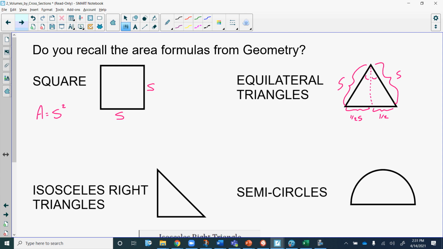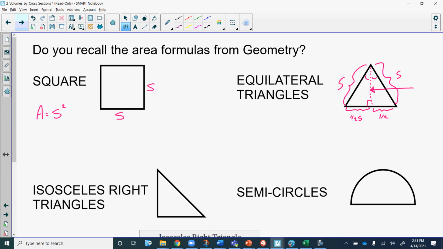So using properties of 30-60-90 triangles, if this is the side and that's half of the side, then the altitude of the triangle that makes up the angle bisector, or the perpendicular bisector, is going to be the short leg multiplied by the square root of 3.